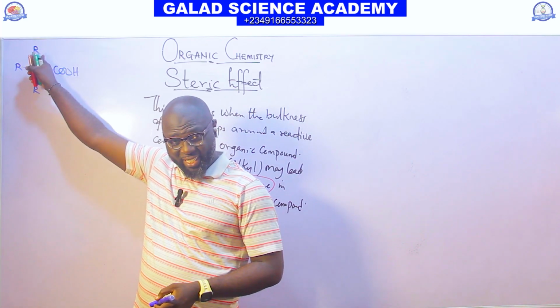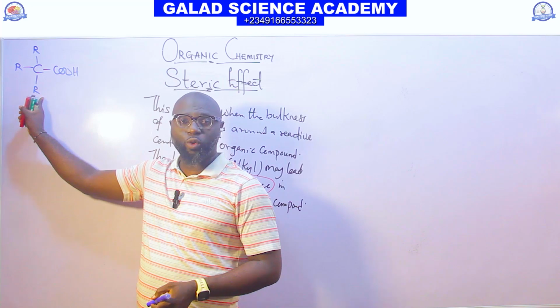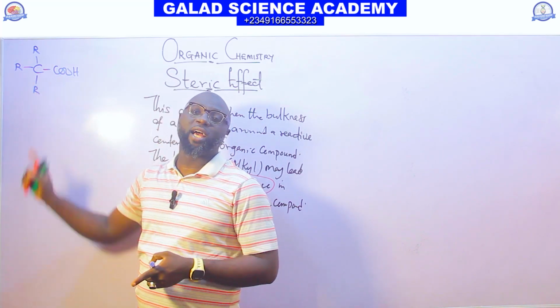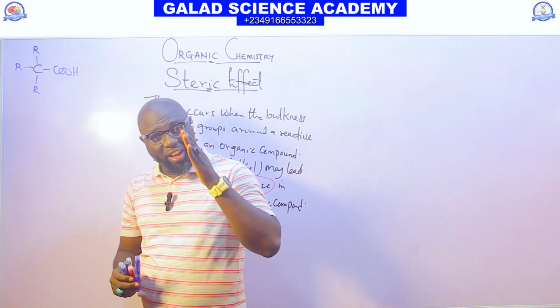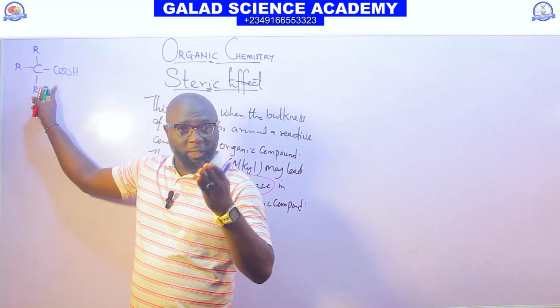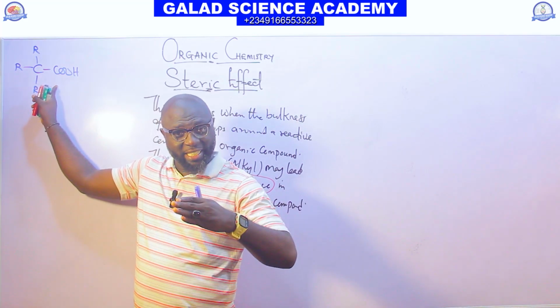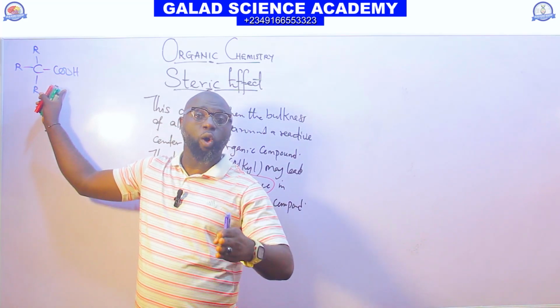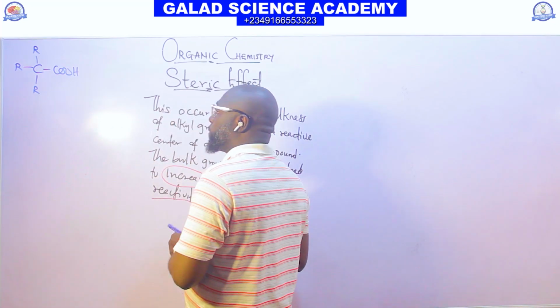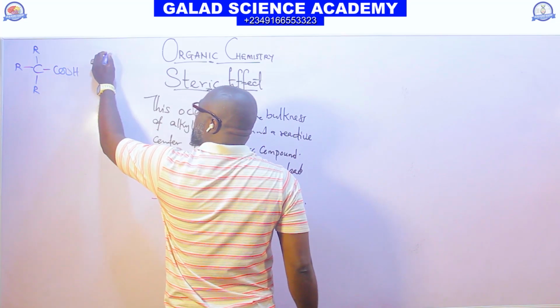So the bulkiness of these alkyl groups will affect this carboxylic acid. The effect of this bulkiness may increase the reactivity of this compound or decrease the reactivity of this compound.